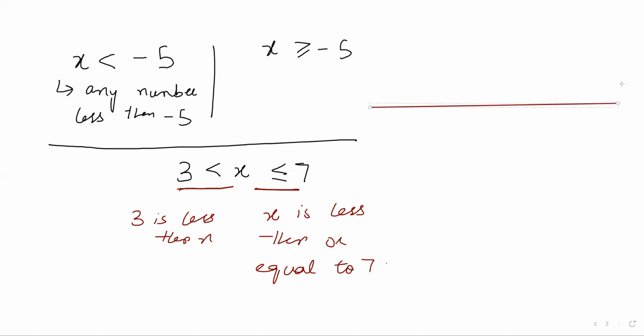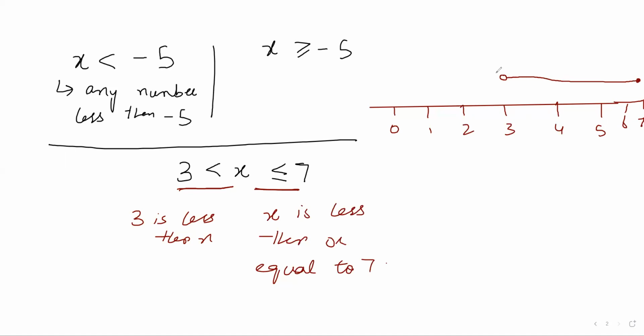Yes, teacher. If this is a number line starting from 0, 1, 2, 3, 4, 5, 6, 7, there will be a solid or filled dot on 7 and a hollow dot on 3.